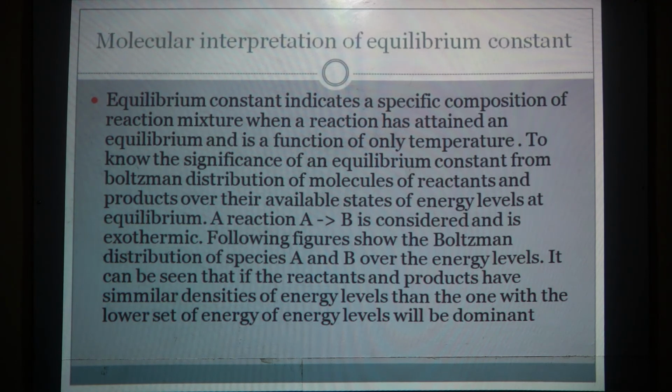A reaction A gives products B is considered and is exothermic. The following figure shows Boltzmann distribution of species A and B over the energy levels. It can be seen that if reactants and products have similar densities of energy levels, then the one with lower set of energy levels will be dominant.